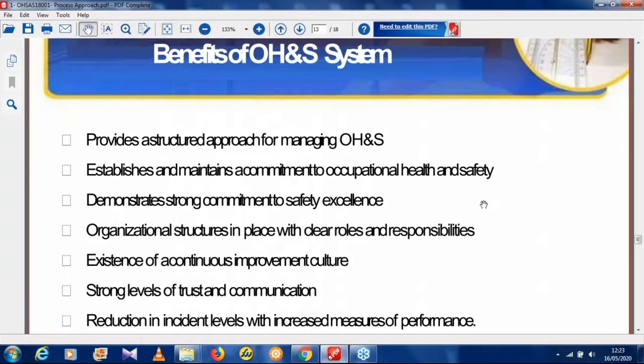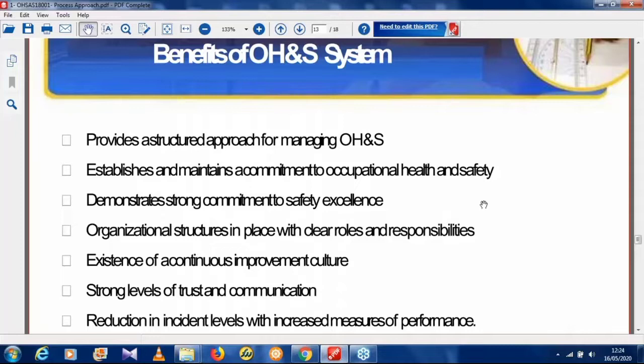Also partaking in meetings and decision making with respect to safety, and possibly creating other forms of motivation like incentives or rewards for people who are complying with the rules and regulations. In so doing, they are demonstrating a strong commitment to safety excellence.